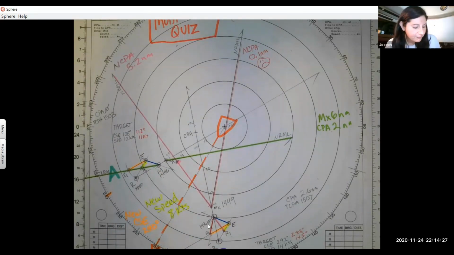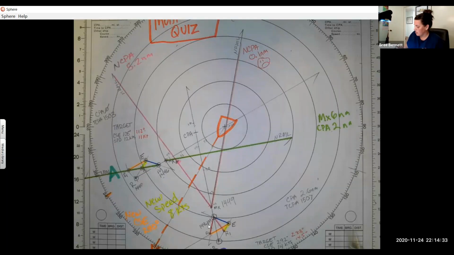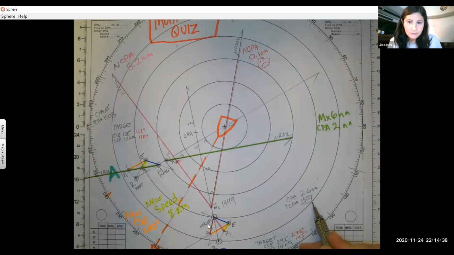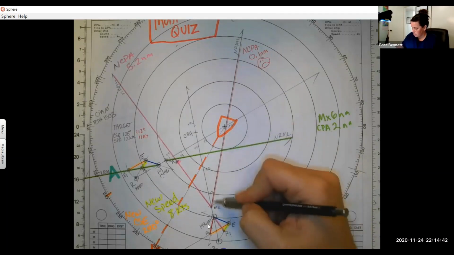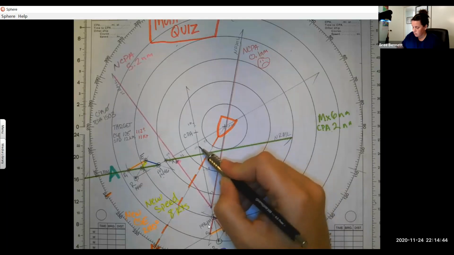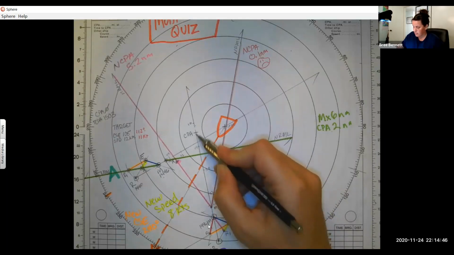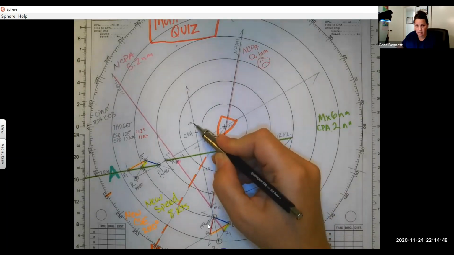Was the CPA for B close to like 1504 for time? For CPA for B, I got 1507. Let's see. CPA for B, 1504 was right here. This was my CPA, and then 1510.